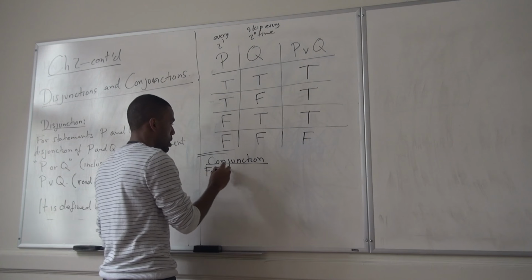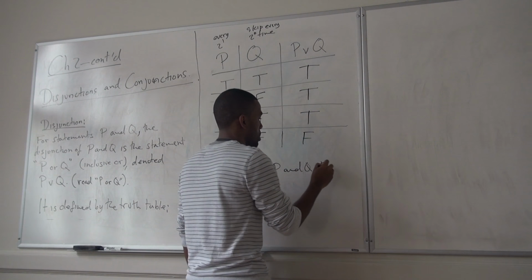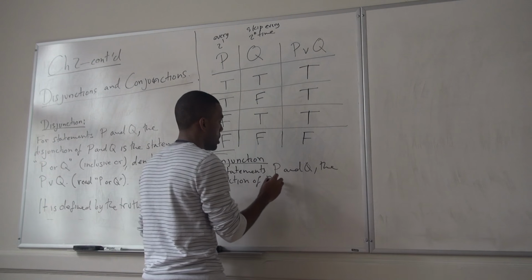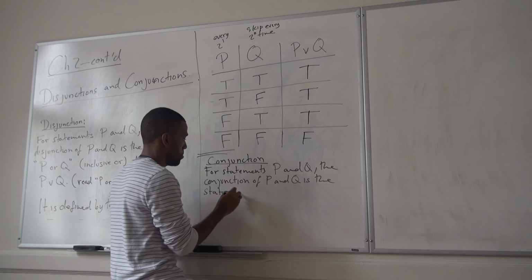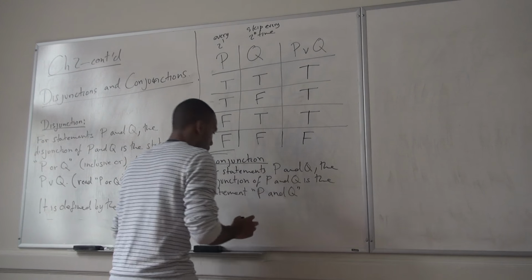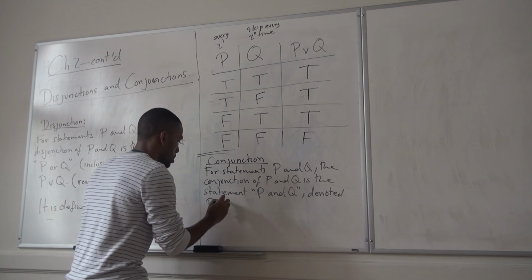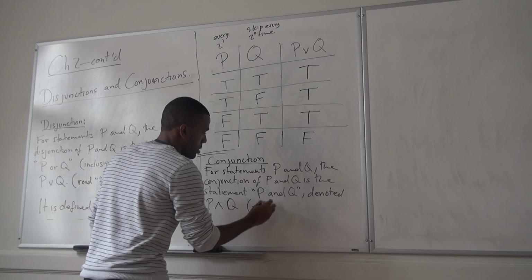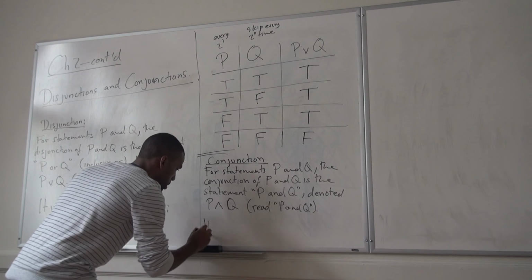For statements P and Q, the conjunction of P and Q is the statement P and Q. It's denoted P caret Q, and it's literally read P and Q. It's defined by the truth table.